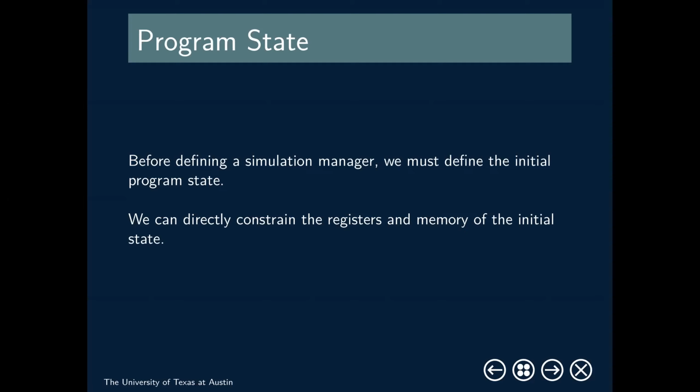Using this initial state, we can directly constrain the registers and memory however we want, and then we can just start execution. So this gives us power over what possible paths we want the program to take.